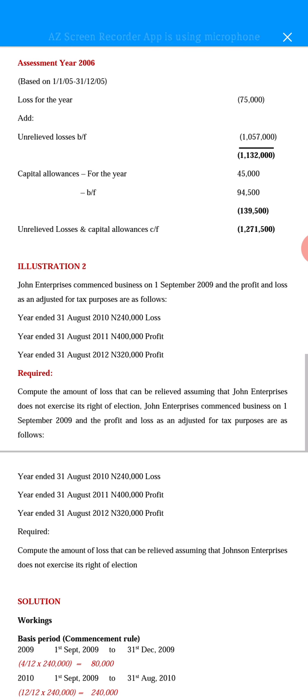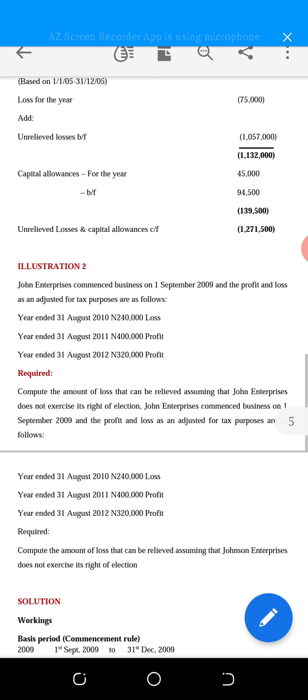Looking at illustration 2, John Enterprises commenced business. You should be looking at commencement rule. Commenced business on 1st September 2009, and the profit and loss as adjusted for tax purpose are as follows. Over here, we just have the adjusted profit.